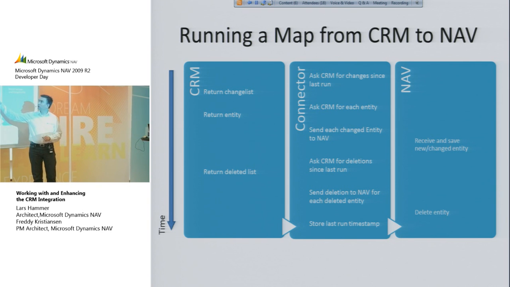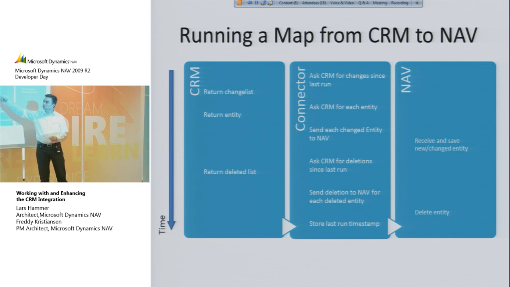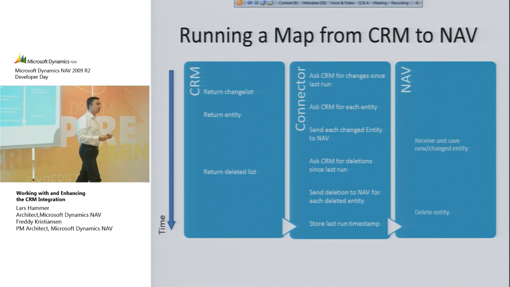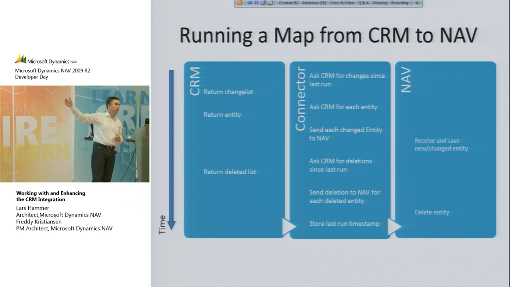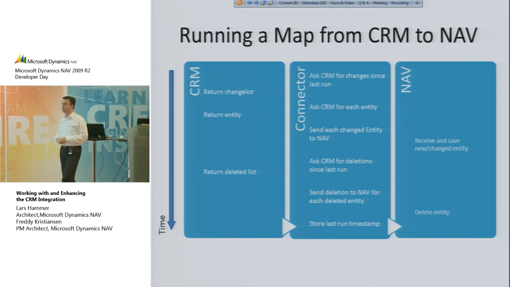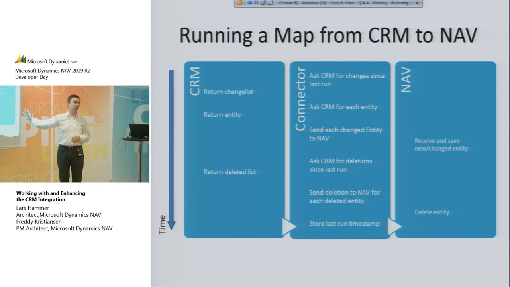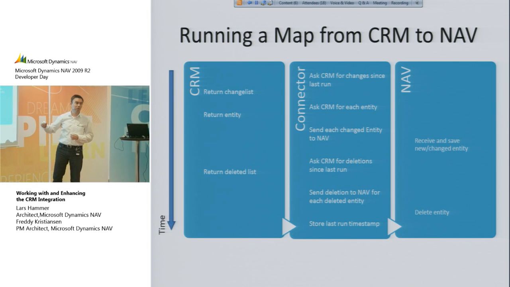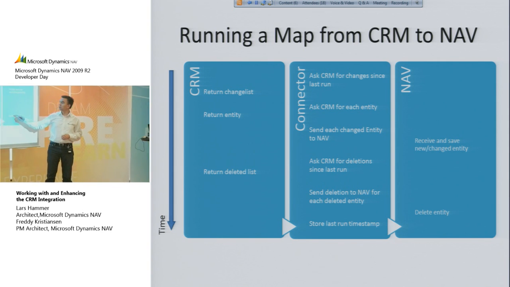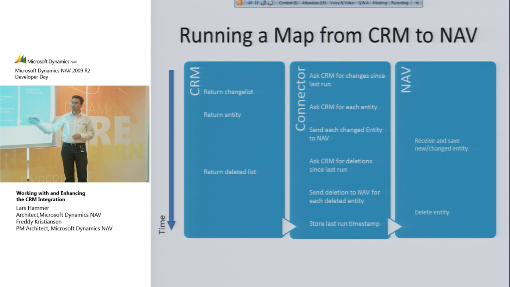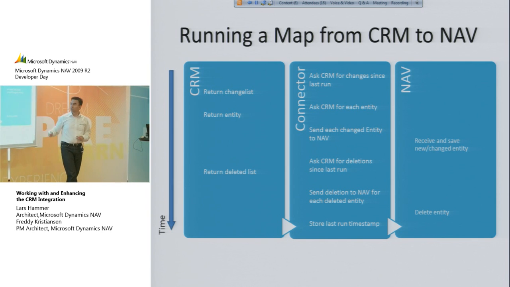Then the connector is going to ask the source system whether anything has been deleted since the last time, because deleted entities wouldn't be in the list of changed entities. So it's the responsibility of the system to keep track of deletions also. We get back a deleted list, and then send deletion operations into NAV, which will then delete the entity.